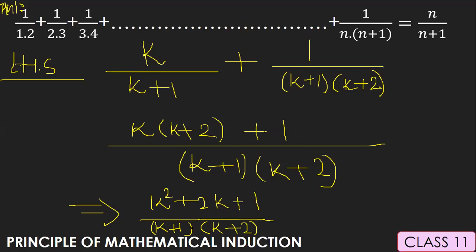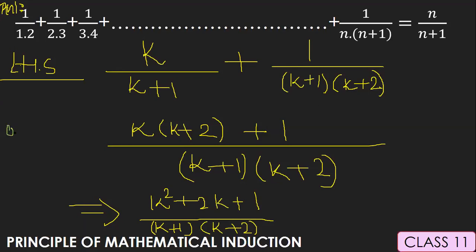As you could see here, k square plus 2k plus 1, this is the identity you have already learned in the previous classes. Let me explain this identity to you.